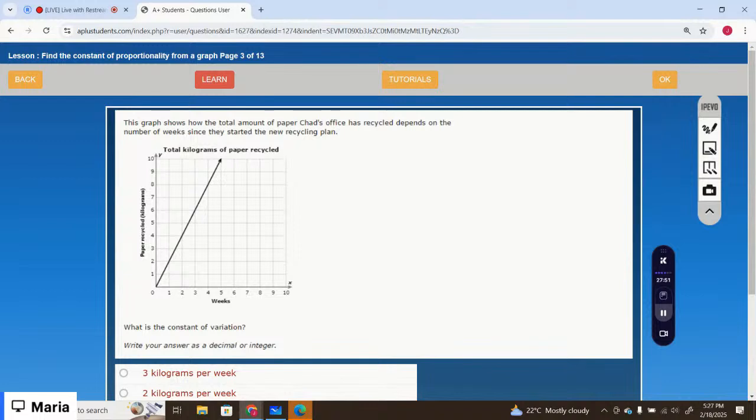This graph shows how the total amount of paper Shad's office has recycled depends on the number of weeks since they started the new recycling plan. What is the constant of variation?